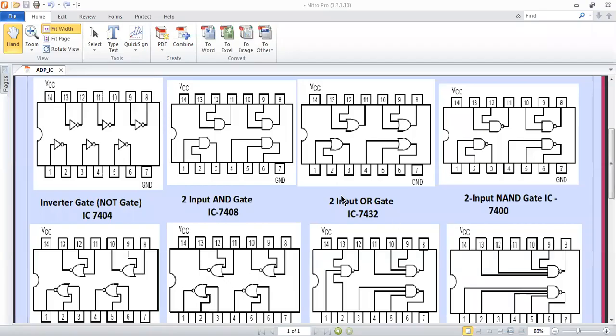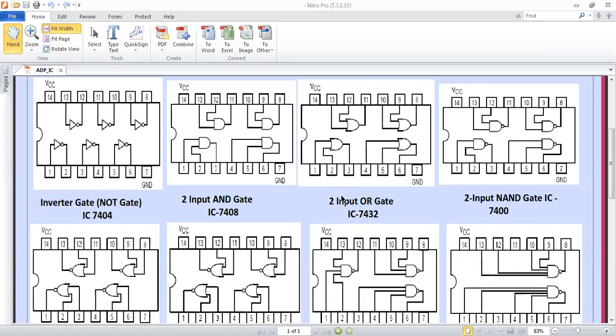Hello dear students, here we are going to learn about integrated circuits, the construction of an integrated circuit, how to use it practically, and how we can connect an IC with wiring.